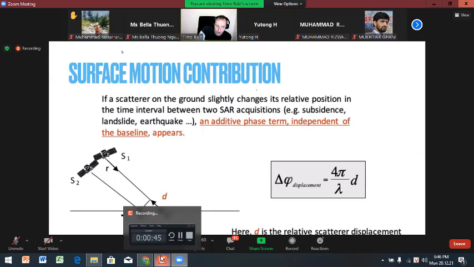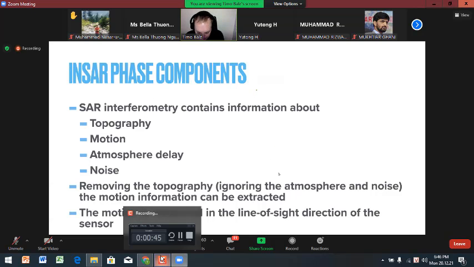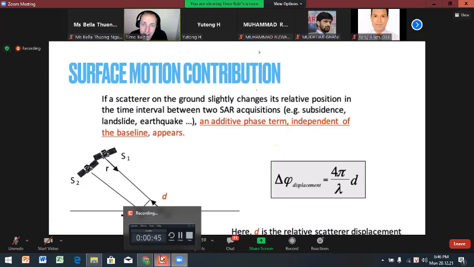Right, and I already showed you the slide: the surface motion contribution can be calculated. The phase is 4 pi divided by the wavelength times the motion, and that would be the unwrapped phase, what we actually want. What we get is the wrapped phase.